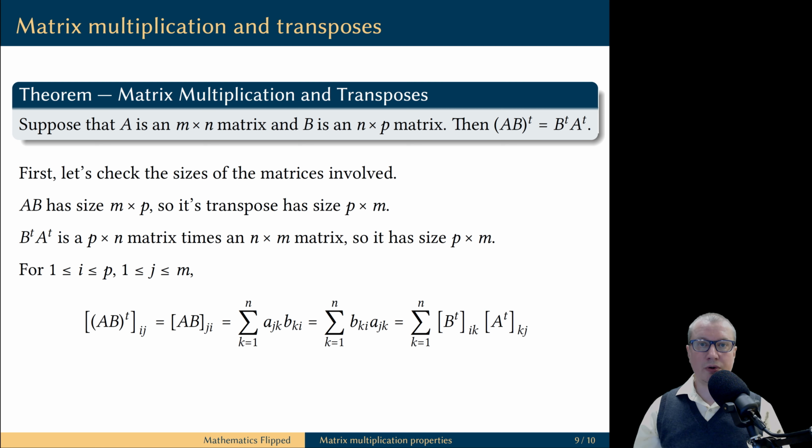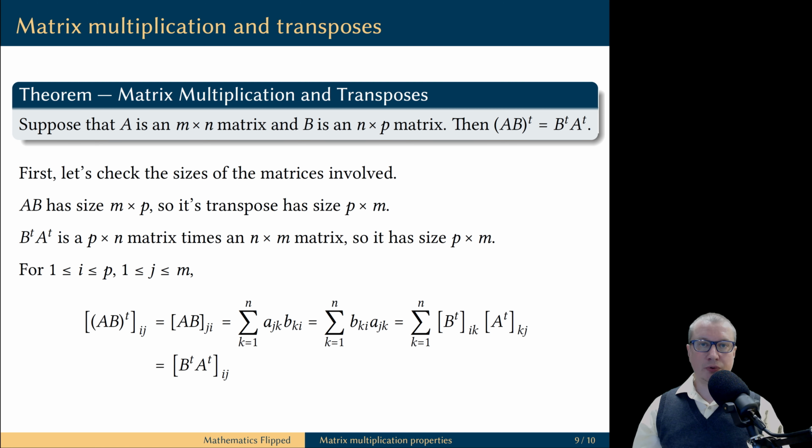Next, let's observe that the entry in position ki of the matrix B is the entry in position ik of the matrix B transpose, and the entry in position jk of the matrix A is the entry in position kj of the matrix A transpose.